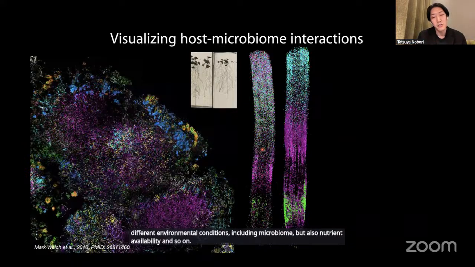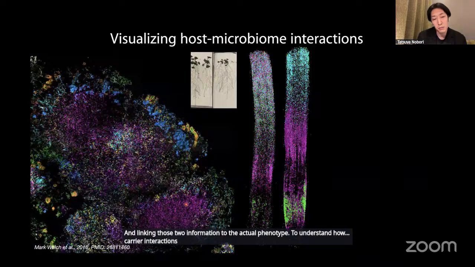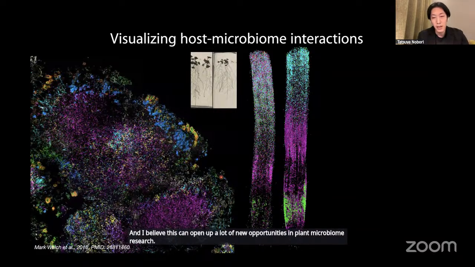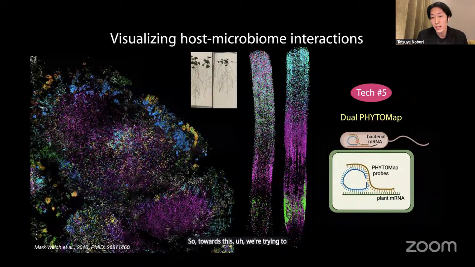And linking those two pieces of information to the actual phenotype to understand how cellular interactions of plants and microbiome are translated into organism level or even holobiont level traits. I believe this can open up a lot of new opportunities in plant microbiome research. So towards this, we're trying to develop a dual PHYTAmap that targets both plants and bacteria at the same time.